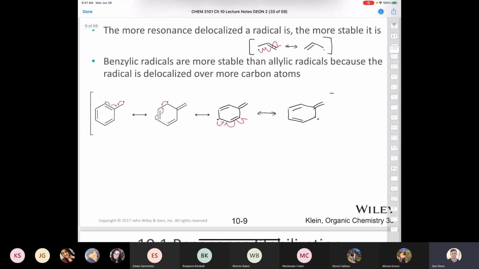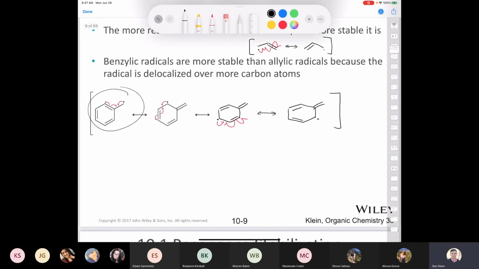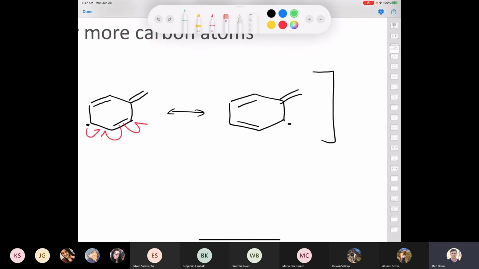There are only 4. But we're going to round it out, and we're going to go back to the beginning. So I'm going to draw one more. Oh, where's my pen? There we go. Let's draw one more to complete it. And you can see that you have the allylic radical right here. So to draw the last resonance contributor, which again takes us right back to the beginning, we're going to make a new double bond here, restore our aromatic ring. That second curved arrow looks a little funky, doesn't it?